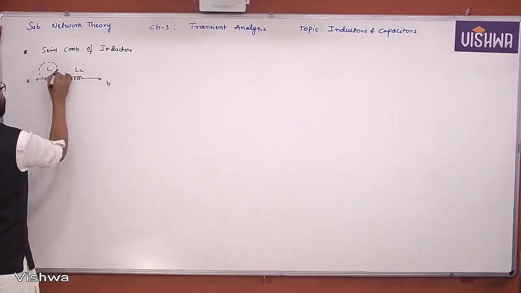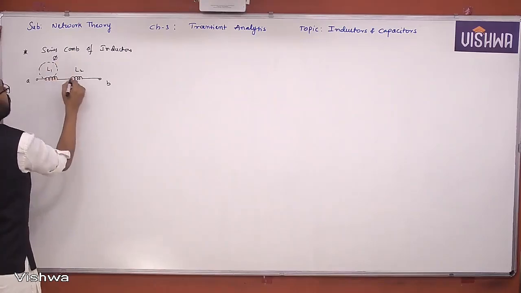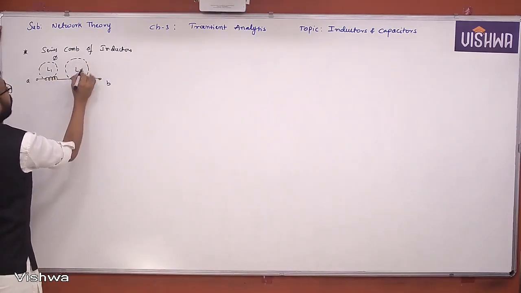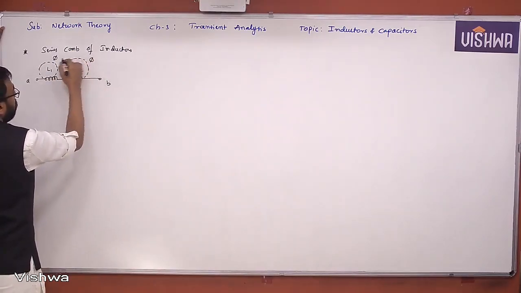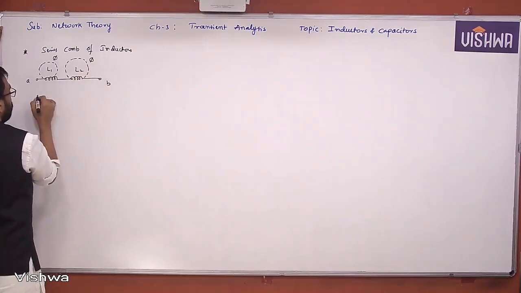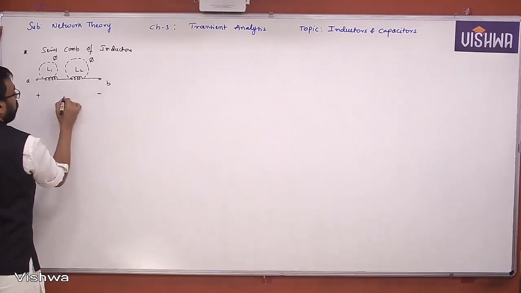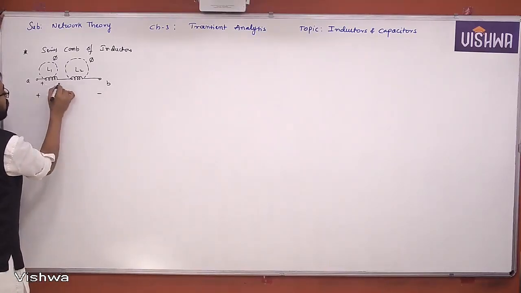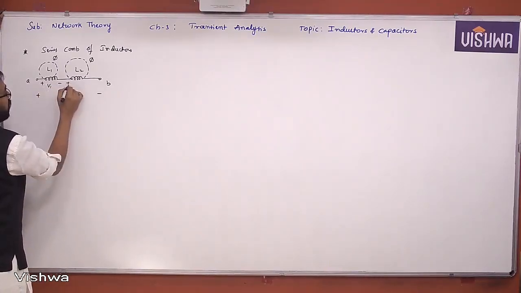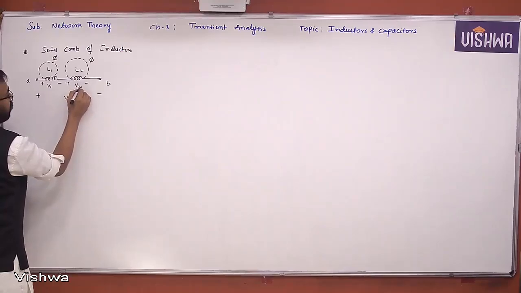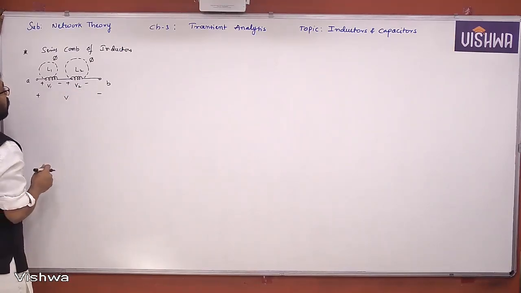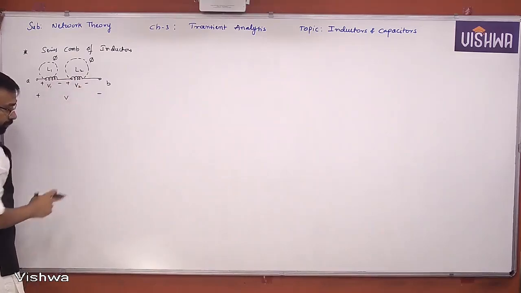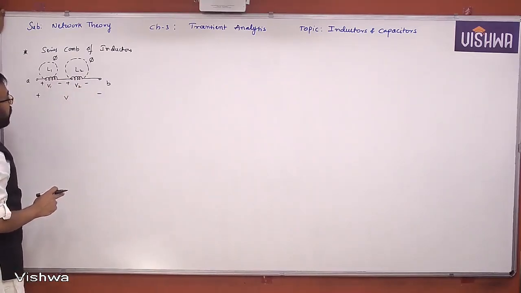The flux linking here is phi 1, and then phi 2. The total voltage given here is voltage V. Voltage gets divided, plus minus V1 plus minus V2, yes or no, all of you? So here the current is same. Getting all of you? The current is same.